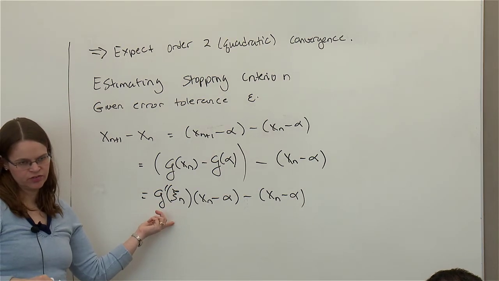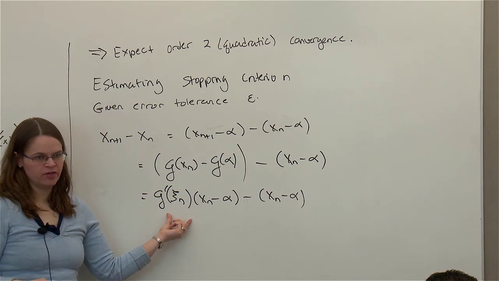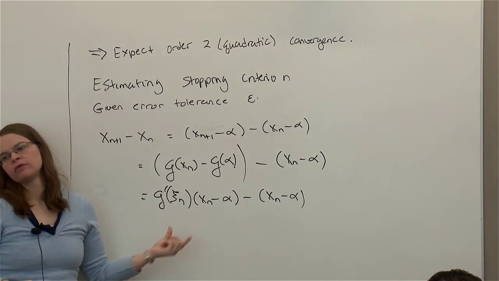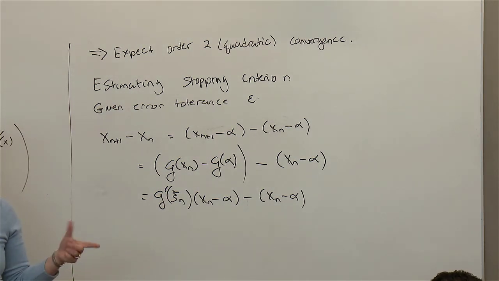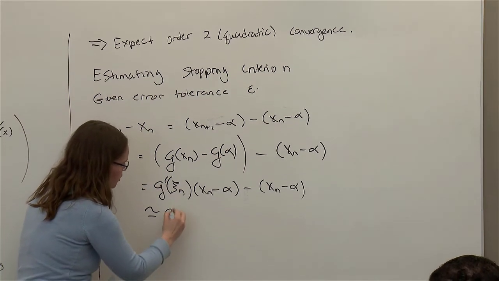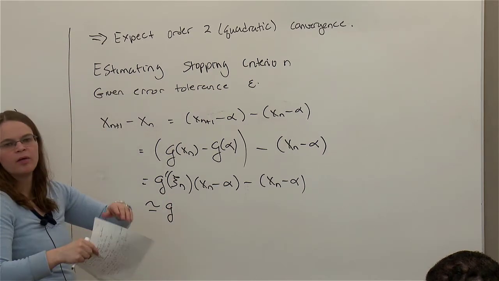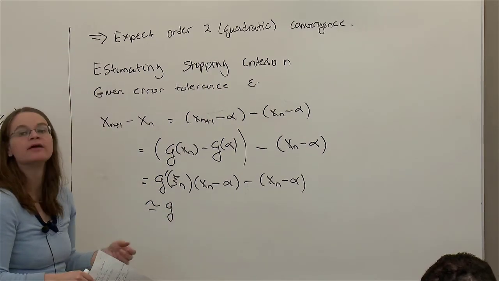I don't know exactly what this derivative is. We know it should be getting close to G prime of alpha, right? Hopefully you have bounds on what it can be or not be. So I'm going to write this as approximately equal, but certainly you could analyze this more and say, well, I don't know exactly what it is, but maybe I know it has to be between 1 and 2 or something.